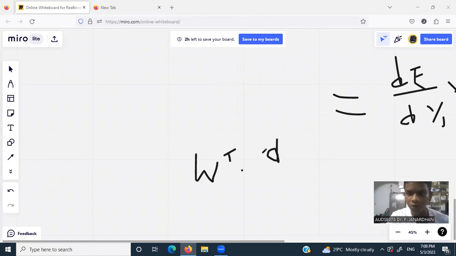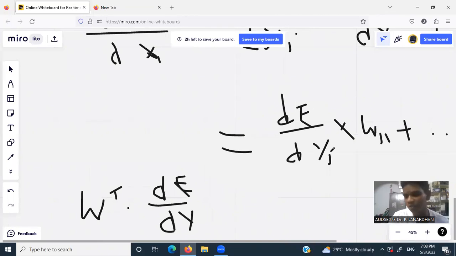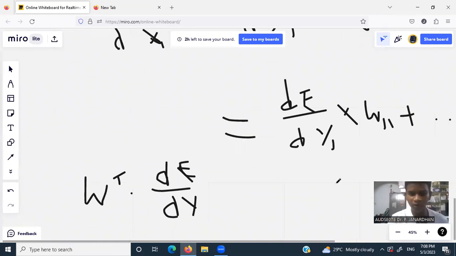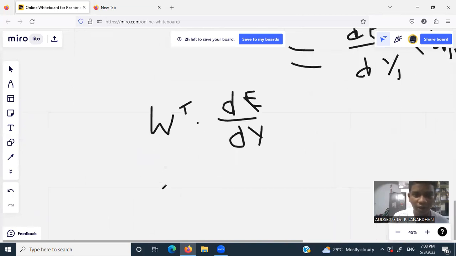Okay, so what we are going to do again is create another matrix which holds all the values of the derivative of error with respect to y, that is, y1, y2, y3. And why are we transposing it? Let's say you have a matrix of a times b, a number of values and b number of values.